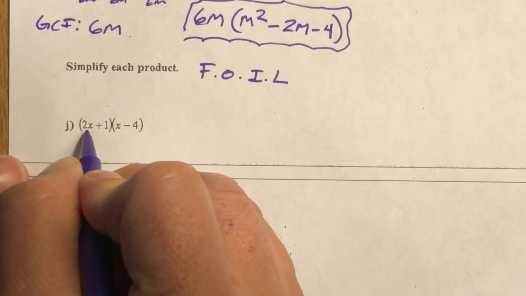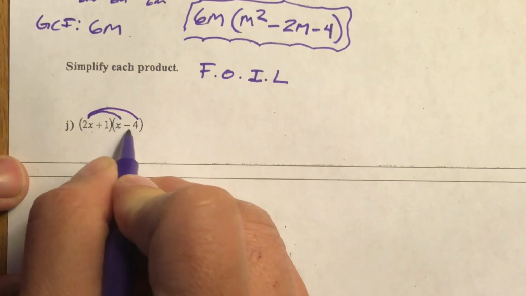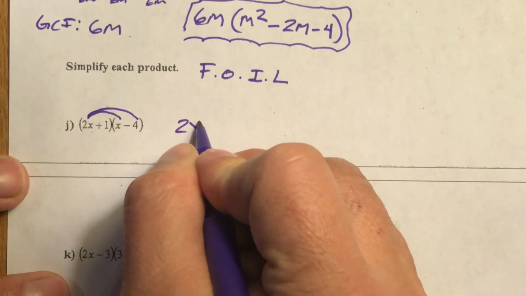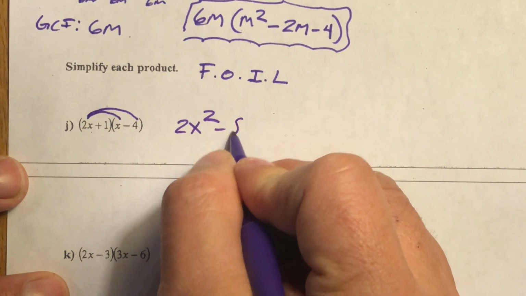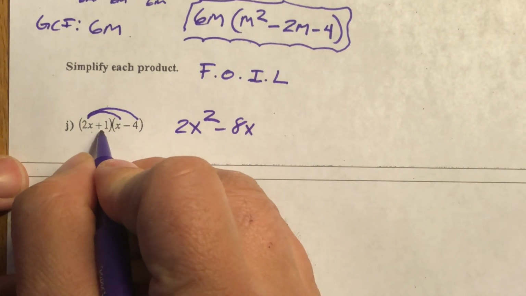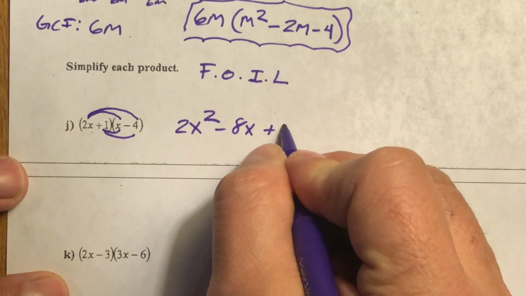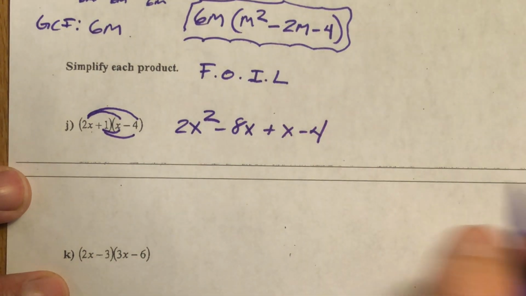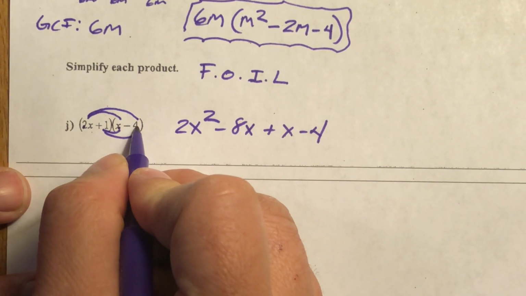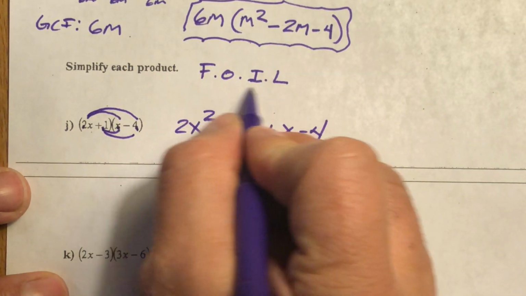So I'm going to start with the first term of this first binomial. I'm going to distribute it to each term in the second set of parentheses. So that gives me 2x squared minus 8x. And then I'm going to distribute the 1 to each of those, which gives me plus x minus 4. So if you notice, I've got first times first, outside times outside, inside times inside, and last times last. That's where the FOIL comes from.